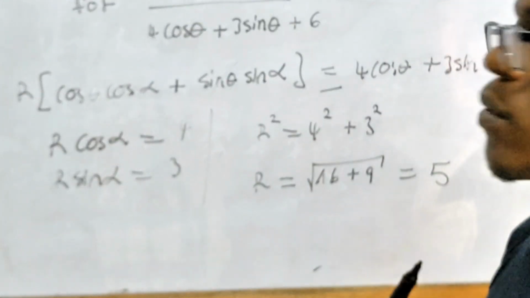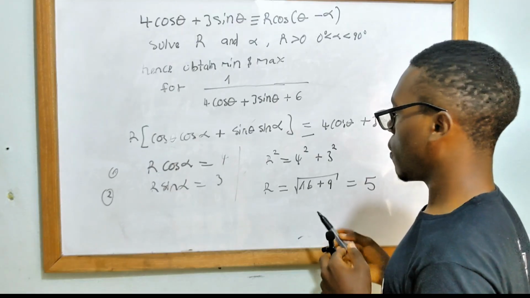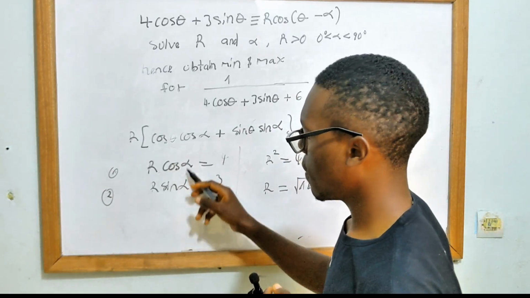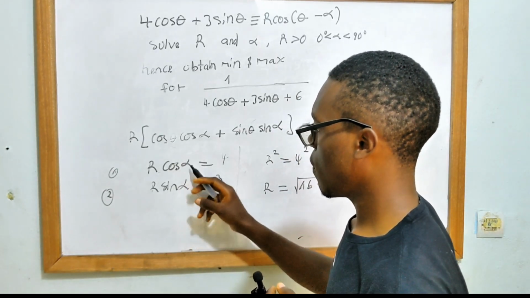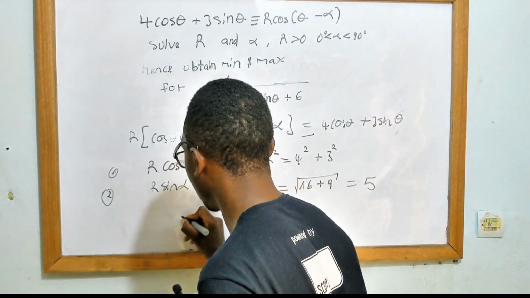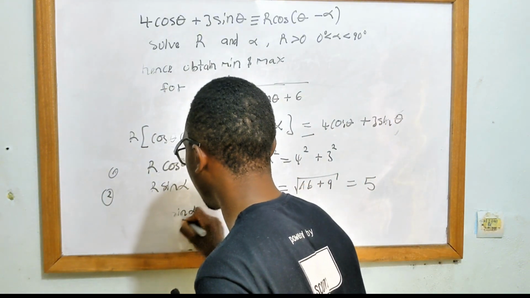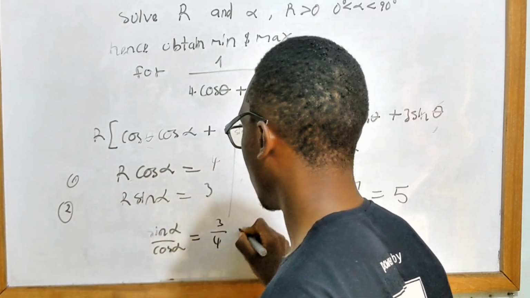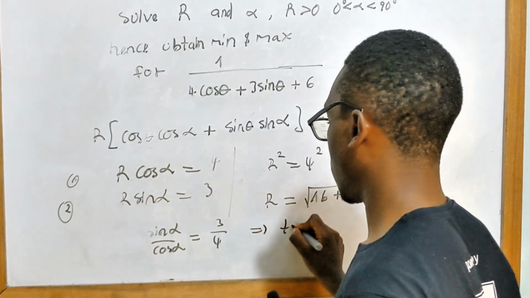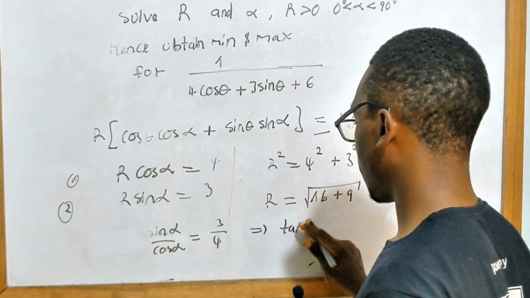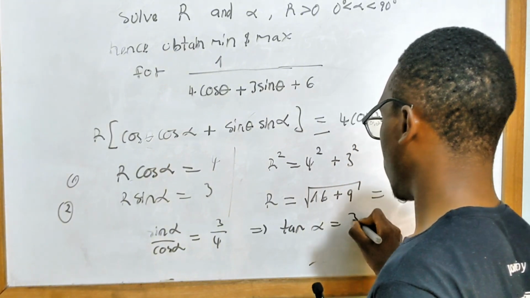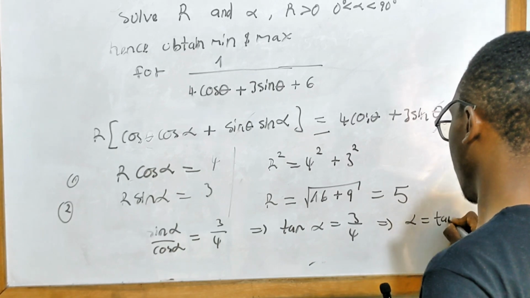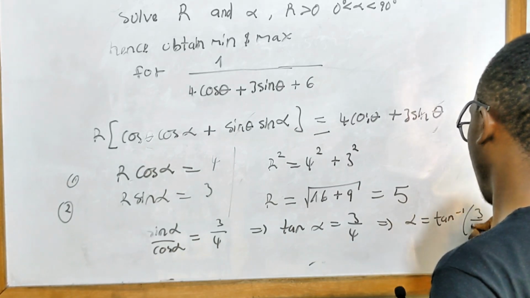The next thing to do is find alpha. You can divide sin alpha over cos alpha, which equals 3 over 4, which implies tan alpha equals 3/4, so alpha equals tan inverse of 3/4.